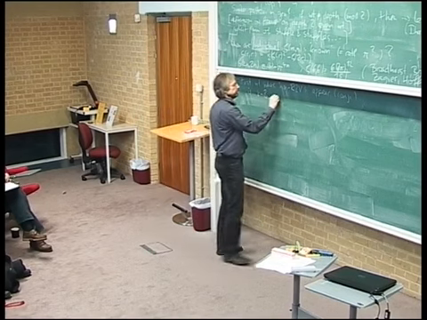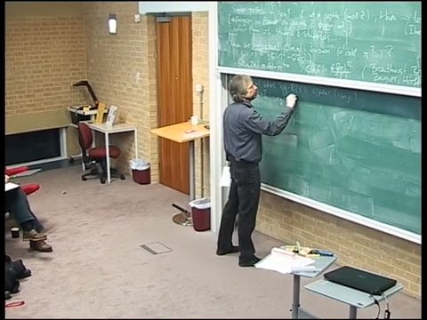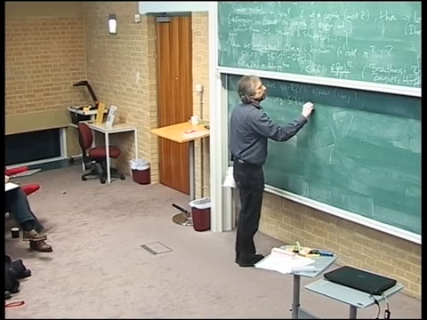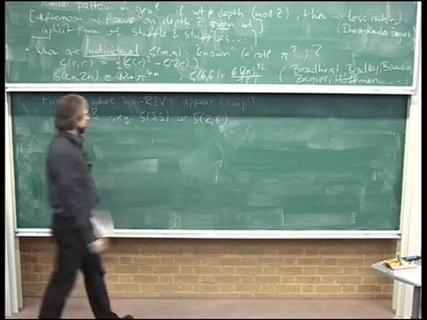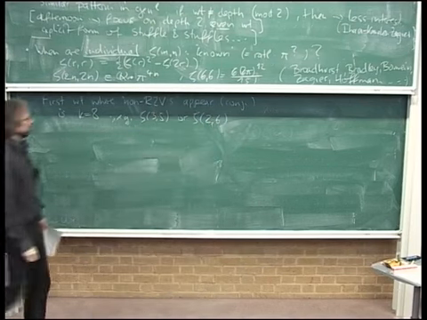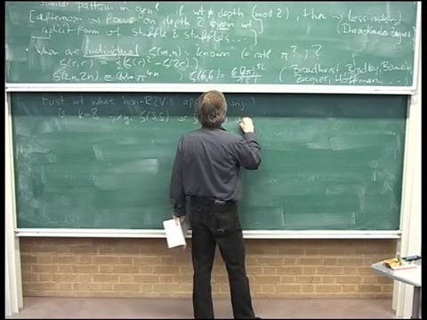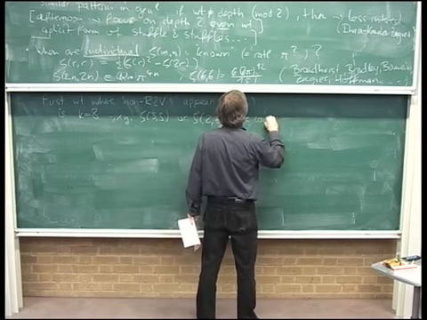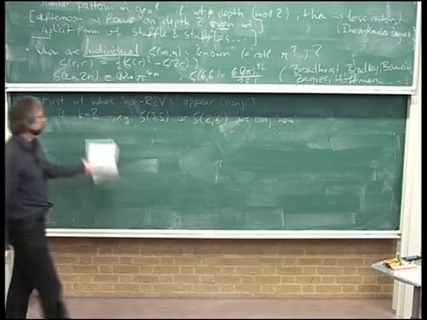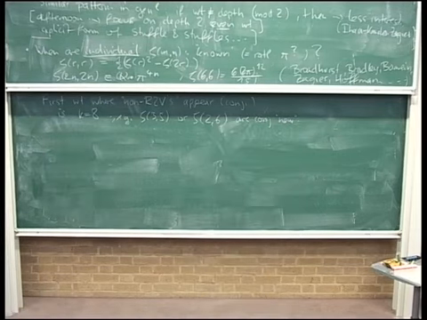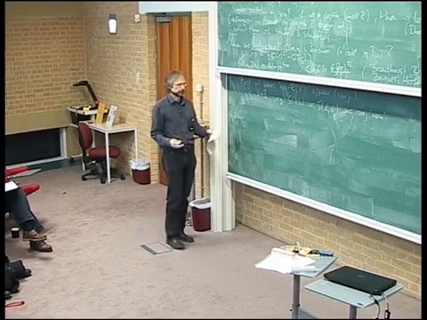And for instance, zeta 3,5 or zeta 2,6 or 6,2 are conjecturally new, in the sense that they're not products of Riemann zetas or sums of those.